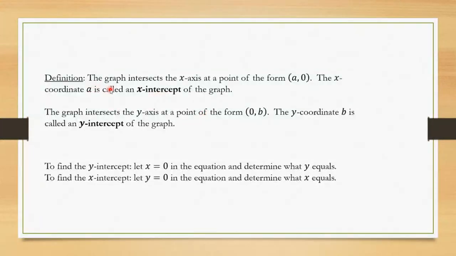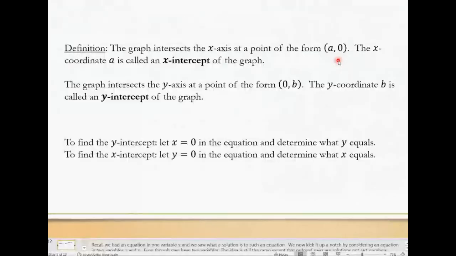Basically, if you have a graph of an equation, the graph will intersect the x-axis. That point of intersection has to look something like this, as you can see. Let me go back to the other graph.